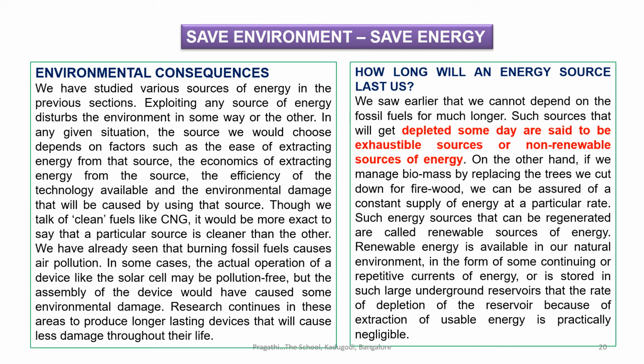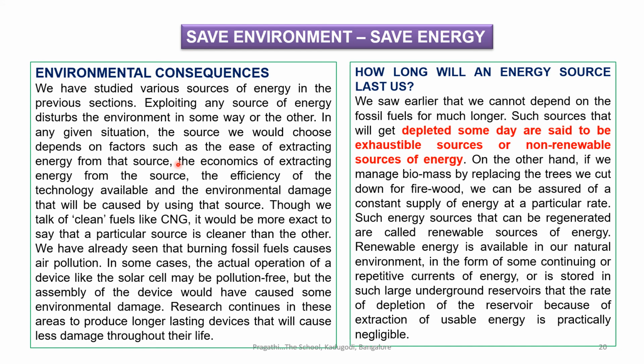Save environment, save energy. We can see the environmental consequences. What are environmental consequences? For producing so many products we are converting raw material, which we get from the earth. So we take the raw material from the earth and convert it into product.